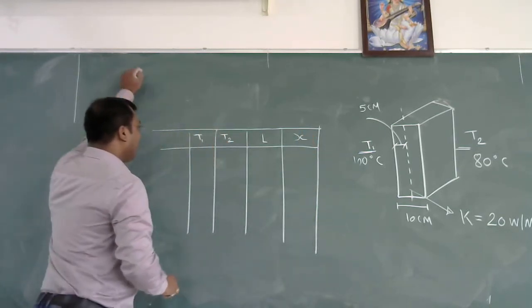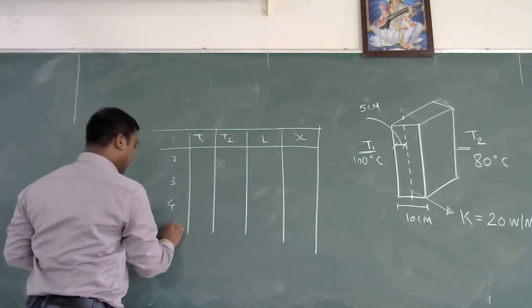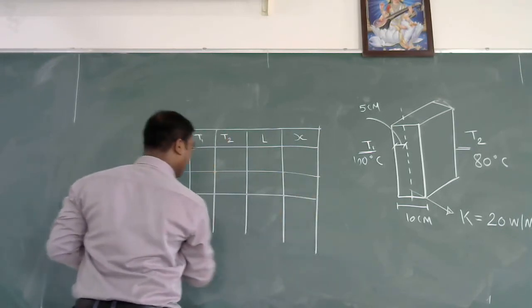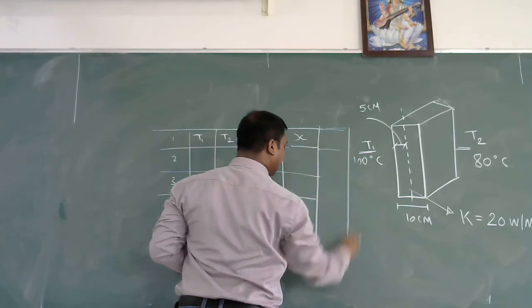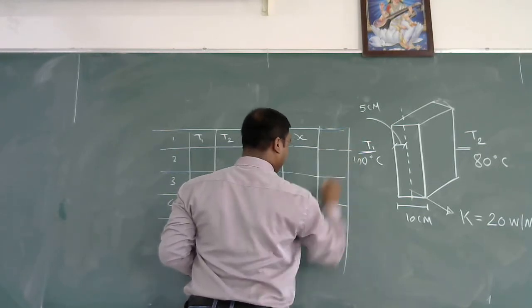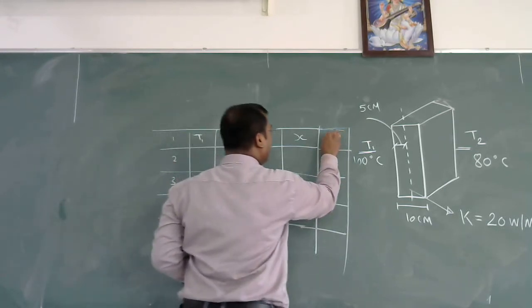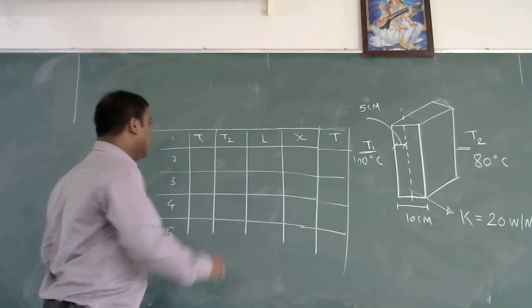For the plane wall, you can take these different values and calculate what the temperature could be. T1, T2, L, x, and if you want to find the temperature at different values of x, these values will be constant.